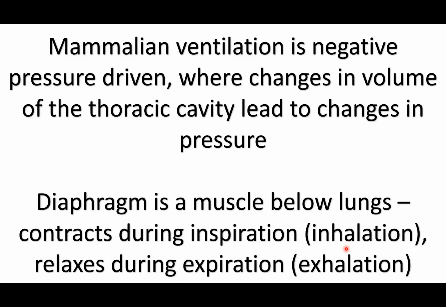And when the diaphragm relaxes, then it puts more pressure on the lungs, which causes the contents of the lungs, such as CO2, the waste products, to be exhaled back out into the environment and out of the body.